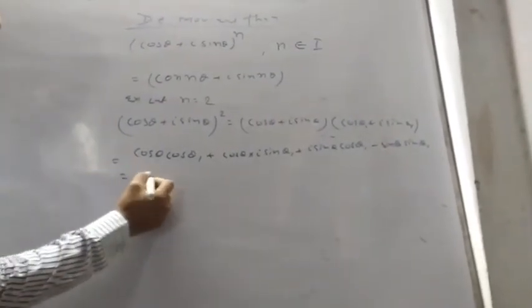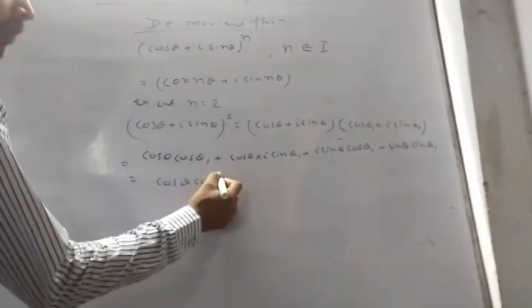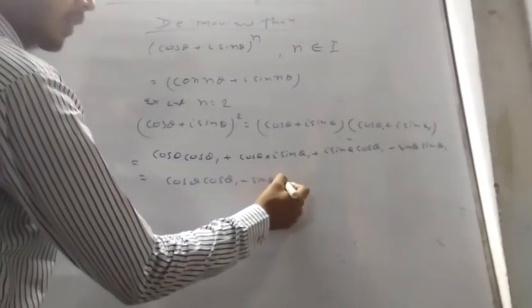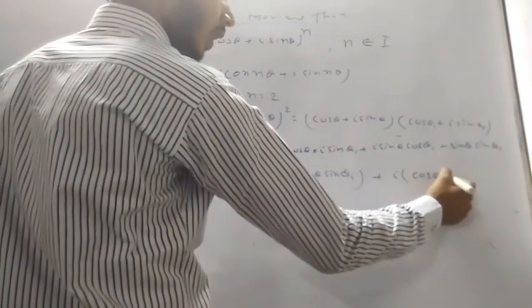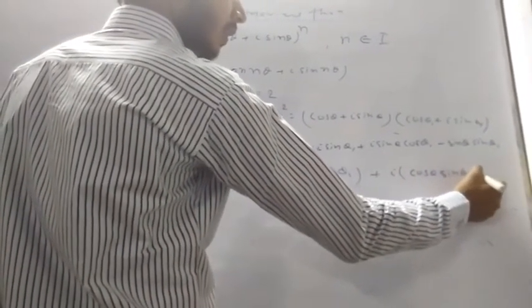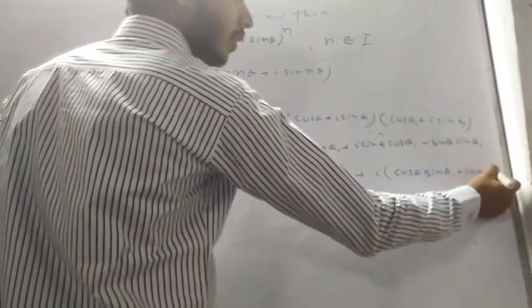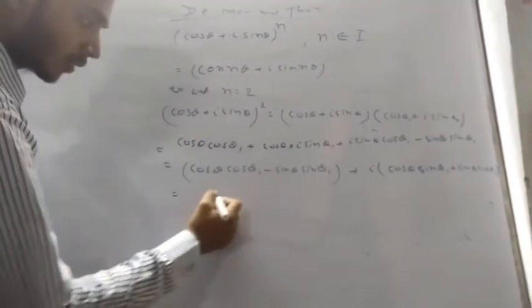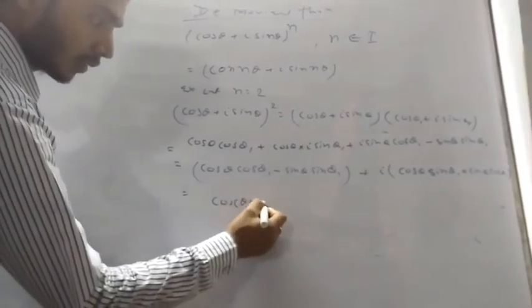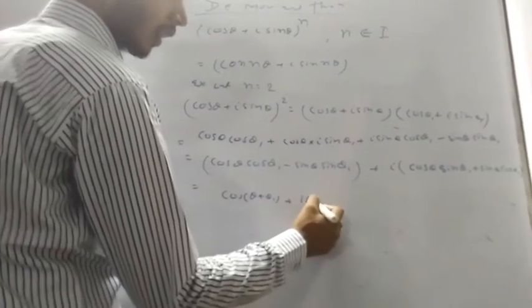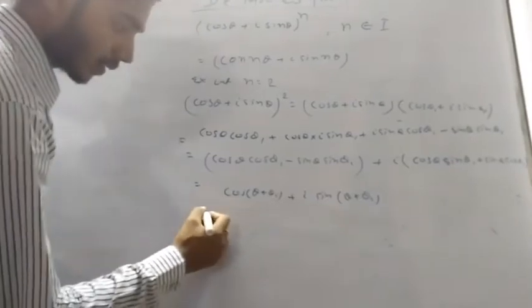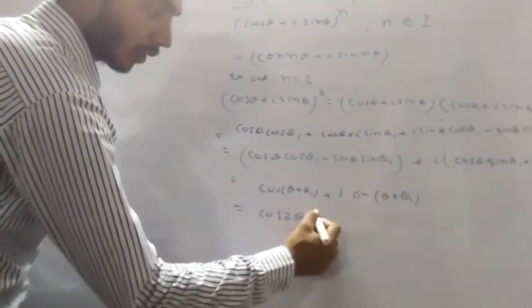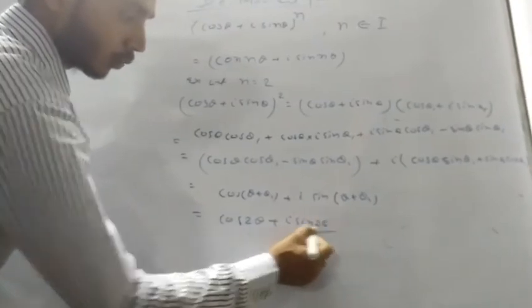Now you can write this as cos^2 theta minus sin^2 theta plus i common, cos theta sin theta plus sin theta cos theta. This is equal to cos(theta + theta) plus i sin(theta + theta), and this is called cos 2 theta plus i sin 2 theta.